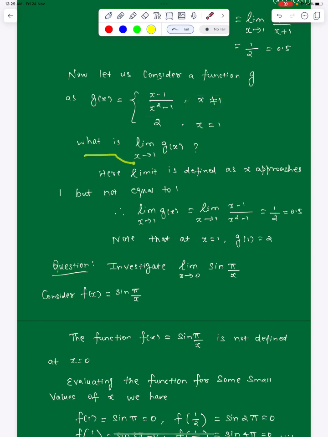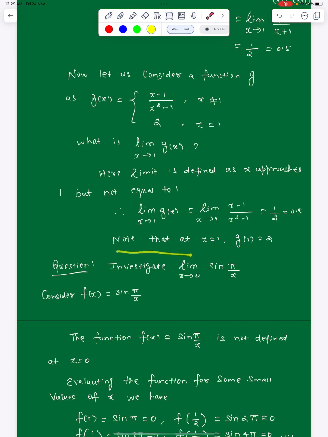Now what is the limit of g of x when x approaches 1? Here the limit is defined as x approaches 1 but not equal to 1, as we know. So you will see that the value of g of x when x approaches 1 will be approaching 0.5. That means the limit is 0.5.